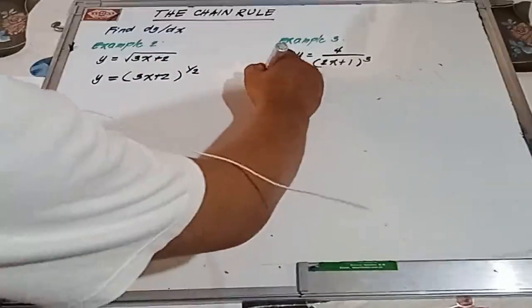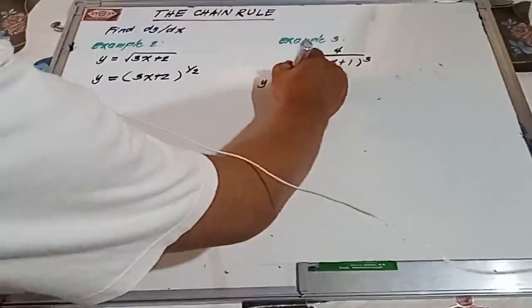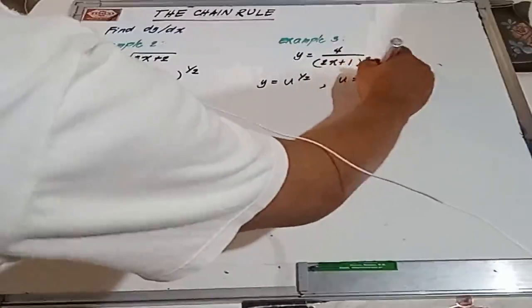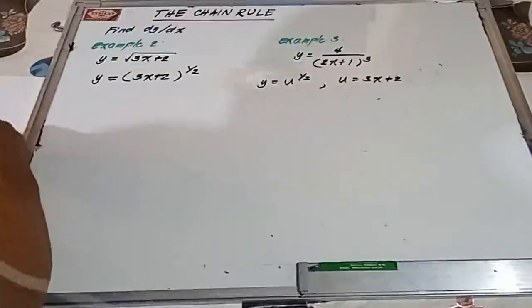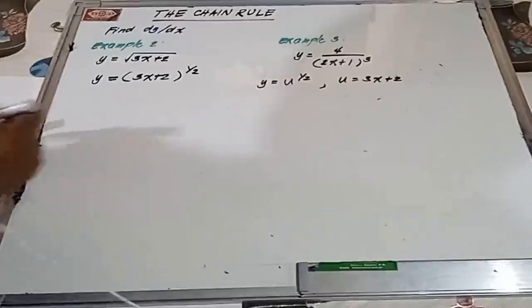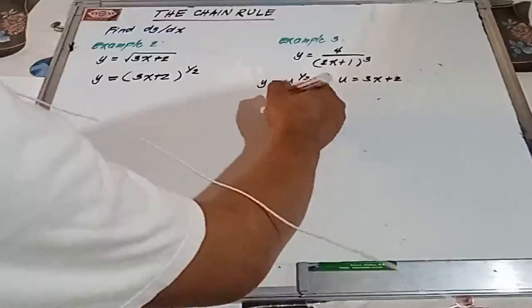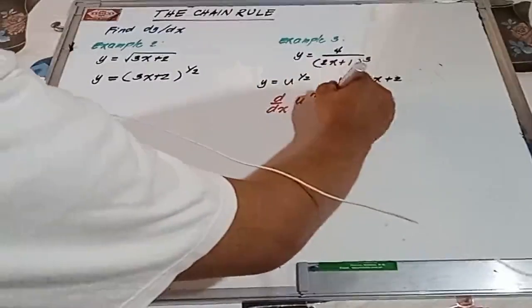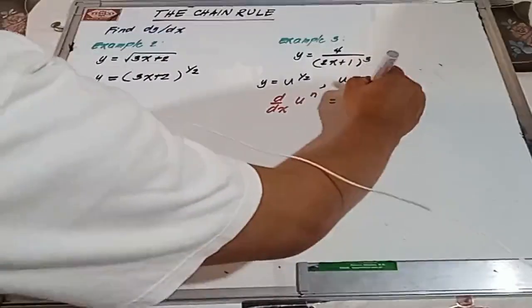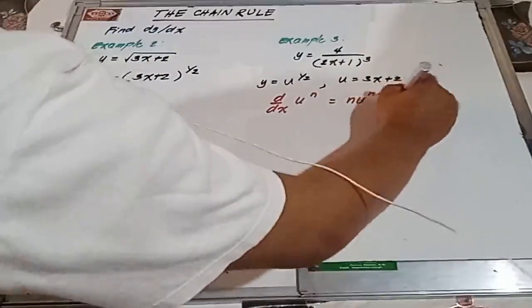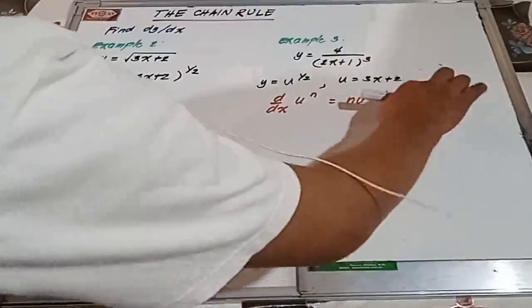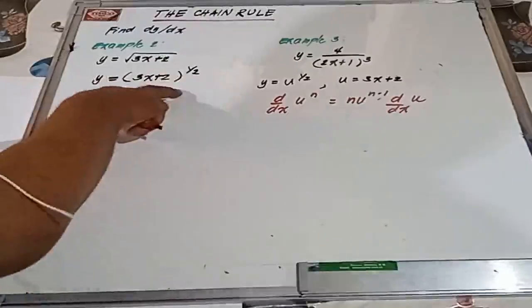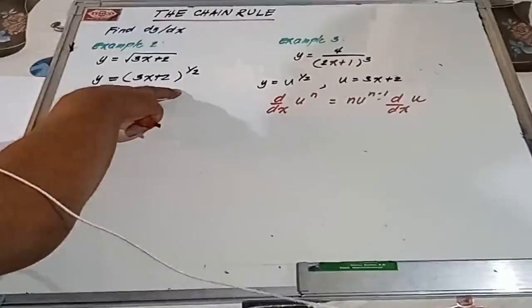So, ibig sabihin yan, y equals u to the 1 half and u equals 3x plus 2. And then we can apply the power rule of differentiation, that is derivative of u to the n is equal to n u to the n minus 1 times derivative ng ating inside or derivative of u. Okay? Outside, derivative of the outside times derivative of the inside.